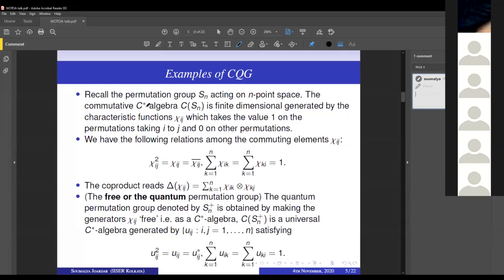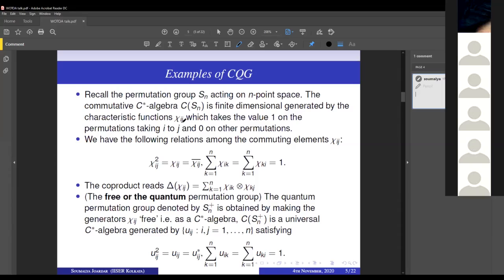First of all, let us recall the permutation group. This is just the usual permutation group S_n acting on n points. Then we can think of the commutative C*-algebra, the function algebra over S_n, as a finite dimensional C*-algebra generated by characteristic functions chi_ij.